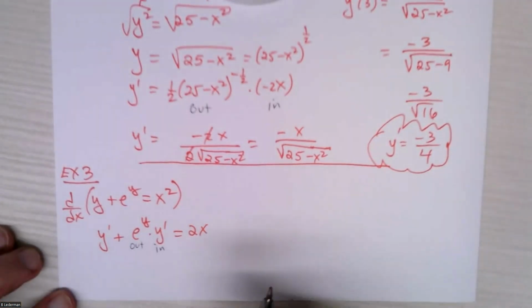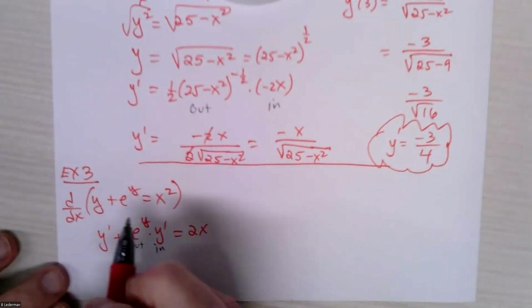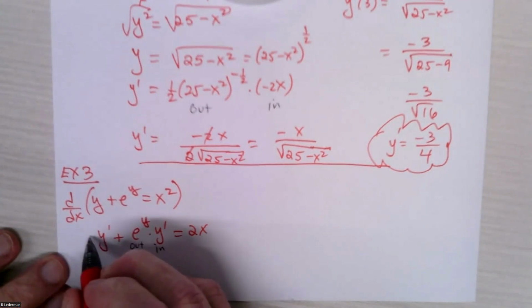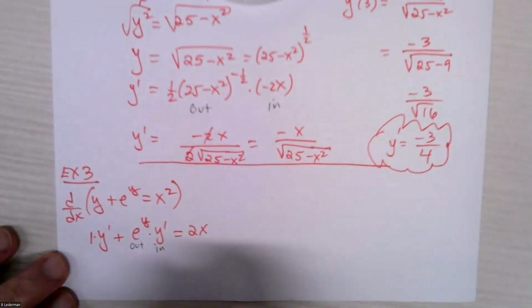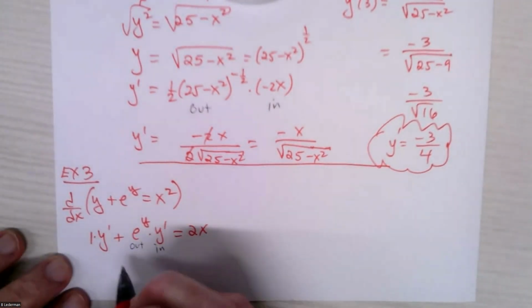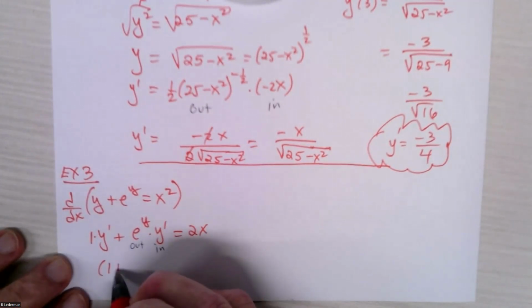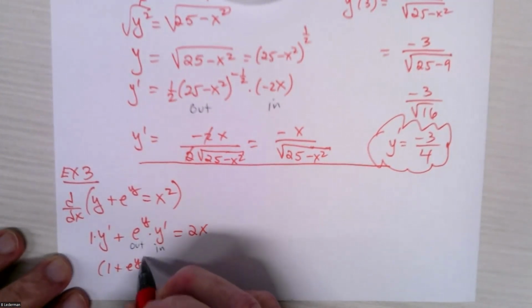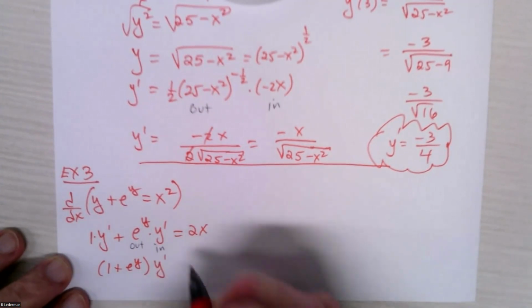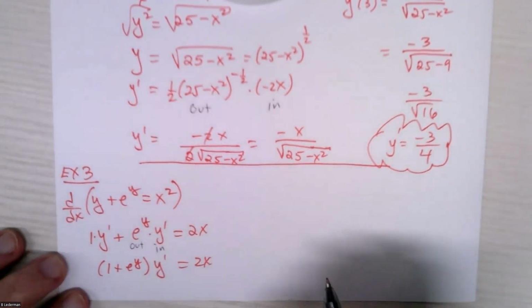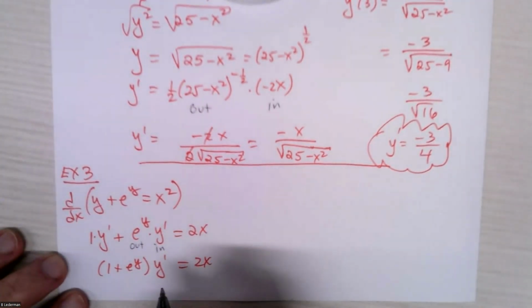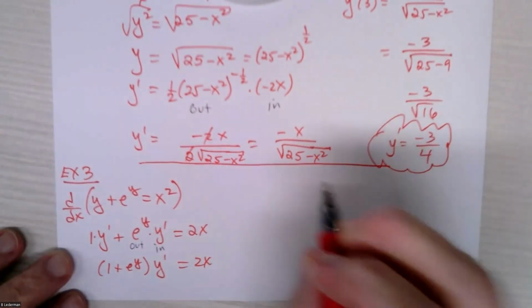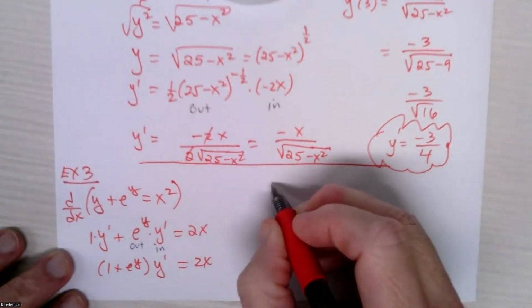Now what I need to do is a little bit of algebra, not a lot, just a little. I'm going to rewrite y prime as 1 times y prime. Then I'm going to factor out the y prime. So I'm going to have 1 plus e to the y times y prime equals 2x. I'm running out of room, so I'm going to rewrite this up here.